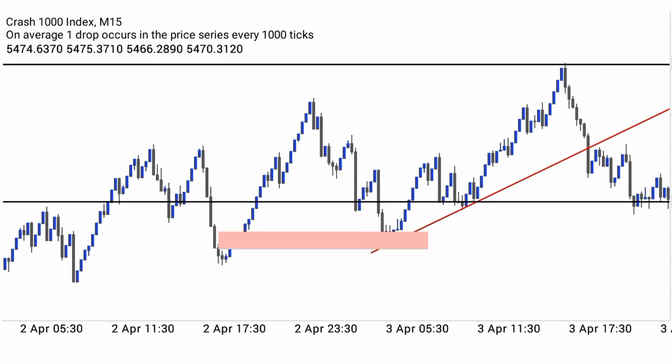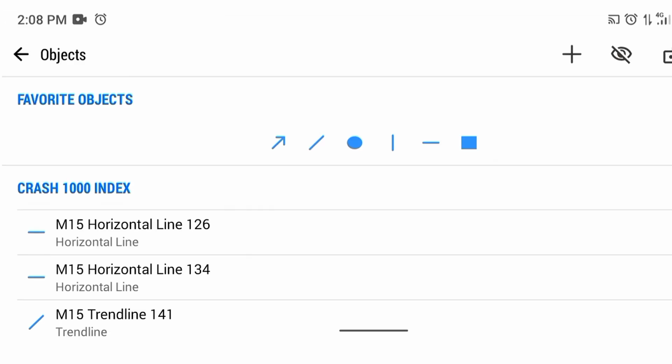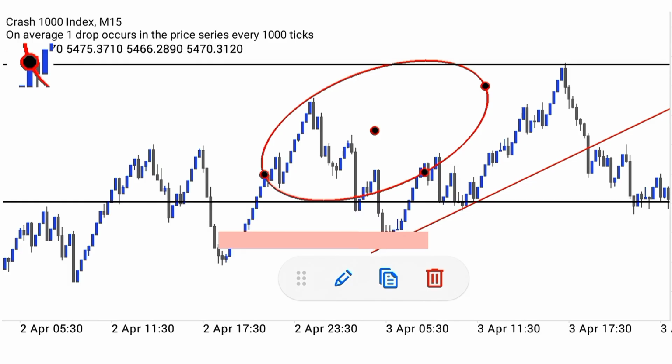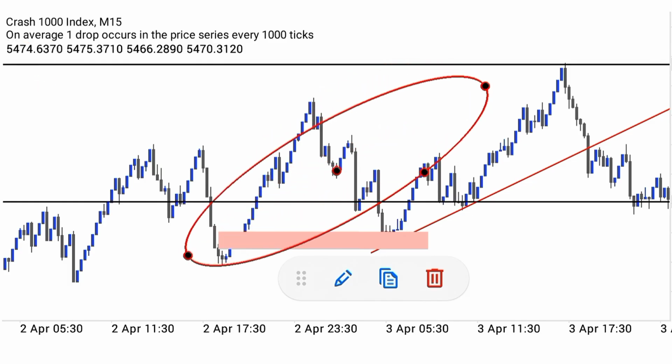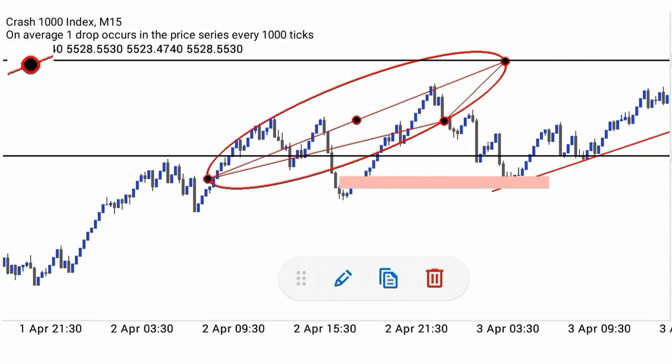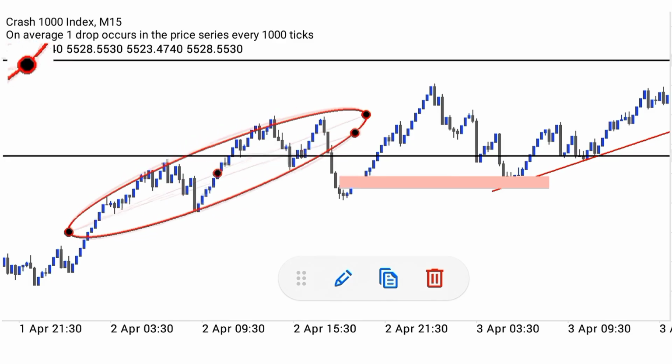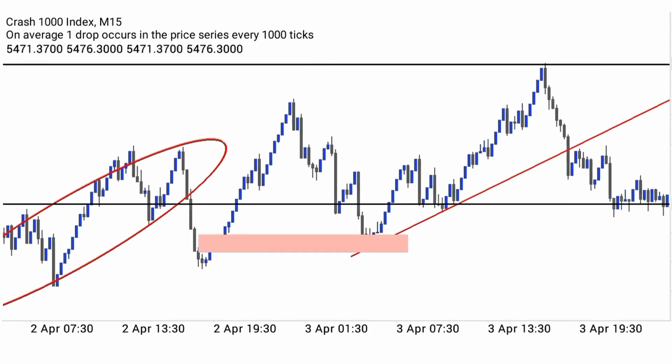Now, like I said, there are a lot of tools here. Let's check this one out. This one is circle. You draw a circle on the chart and you use it to analyze the market. There are many uses for all these tools. It all depends on your strategy.